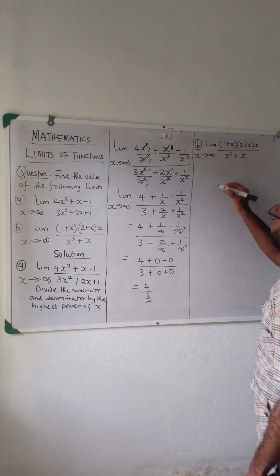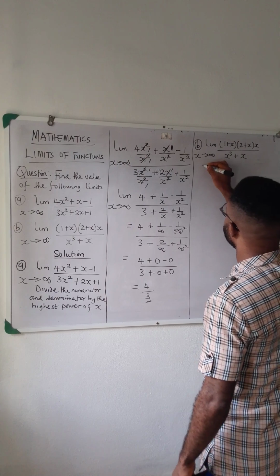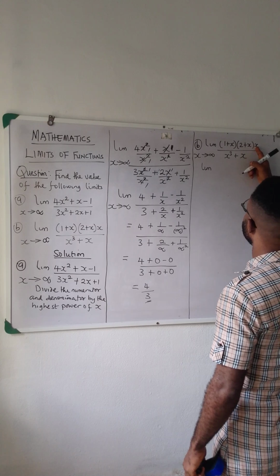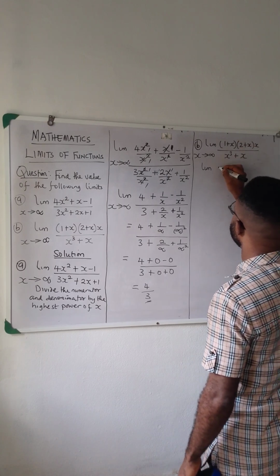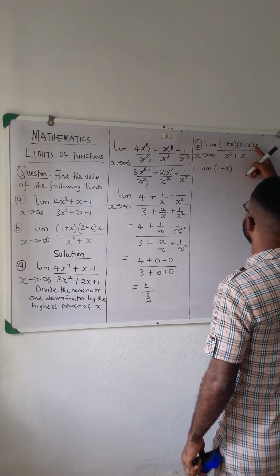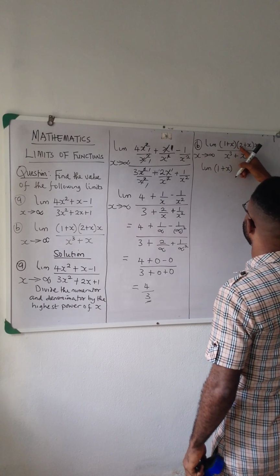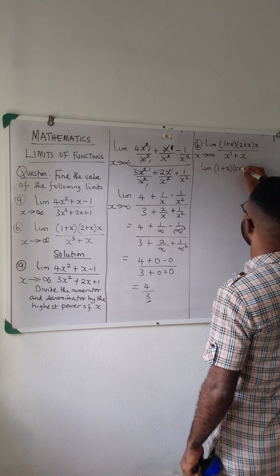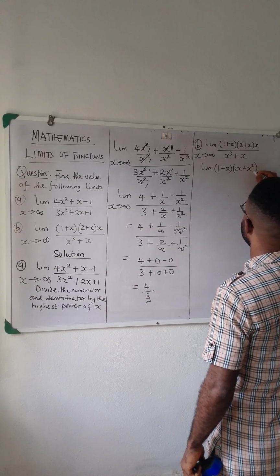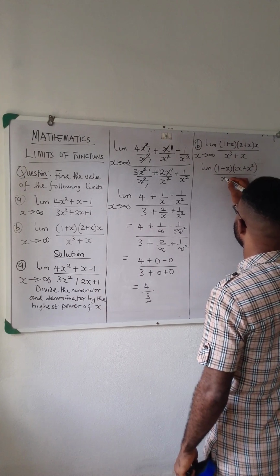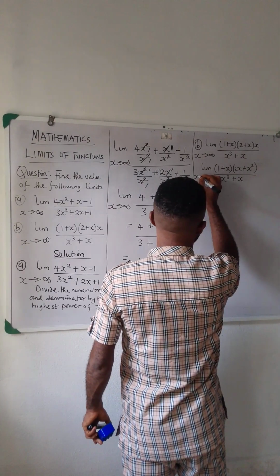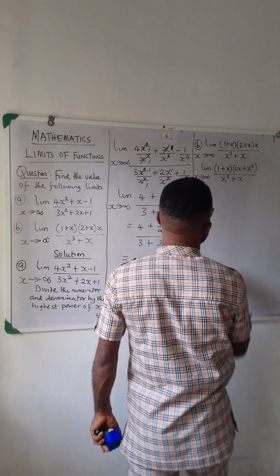So we use this one first: taking 1 plus x into x, x times 2 will give us 2x, plus x times x will give us x squared, and this will be over x cubed plus x. Note this tends to infinity.